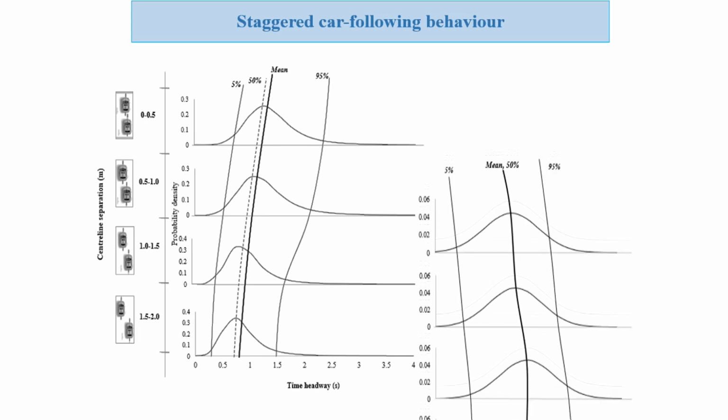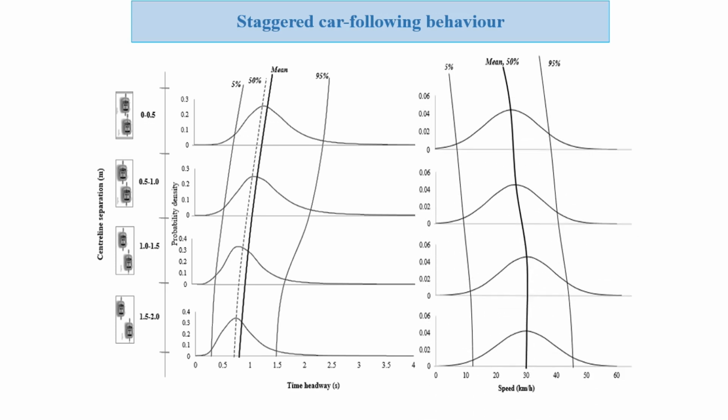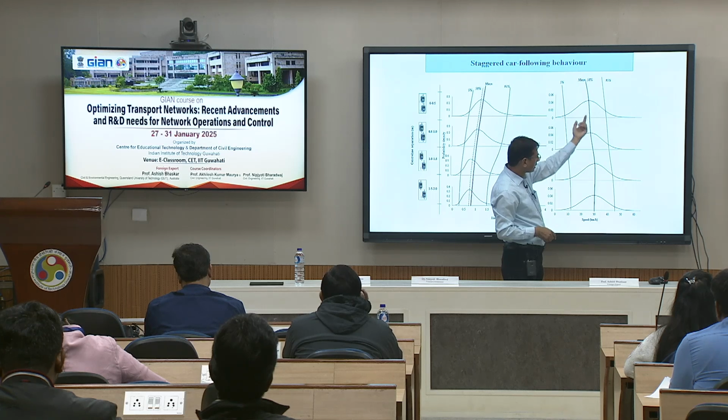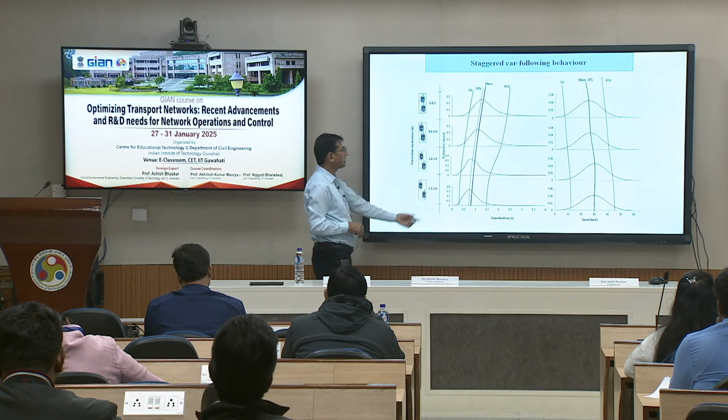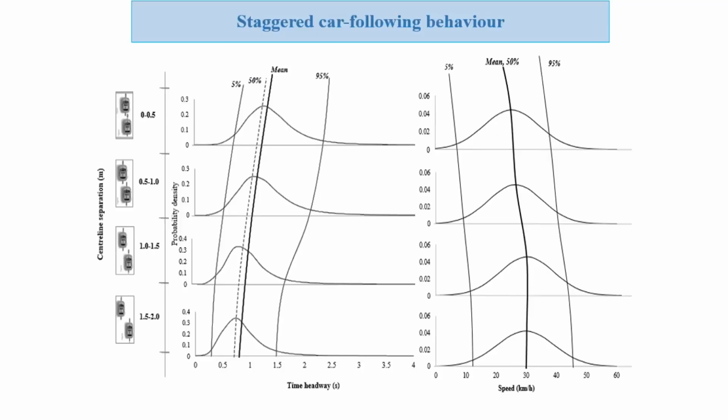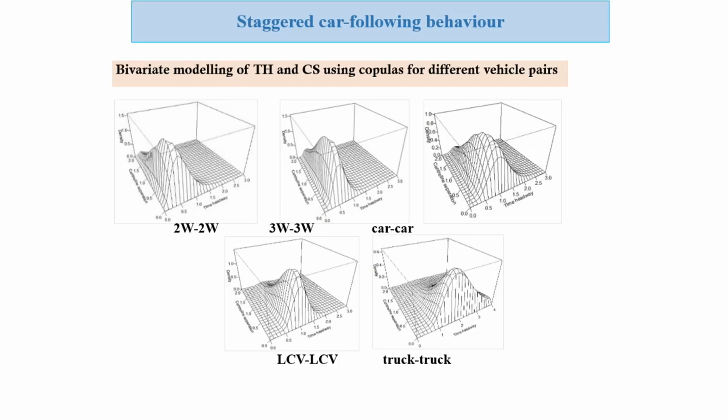Similarly, this relates to speed. Once you are exactly behind with a similar gap, you might maintain a lower speed. If you shift slightly sidewise, you can maintain a slightly higher speed.